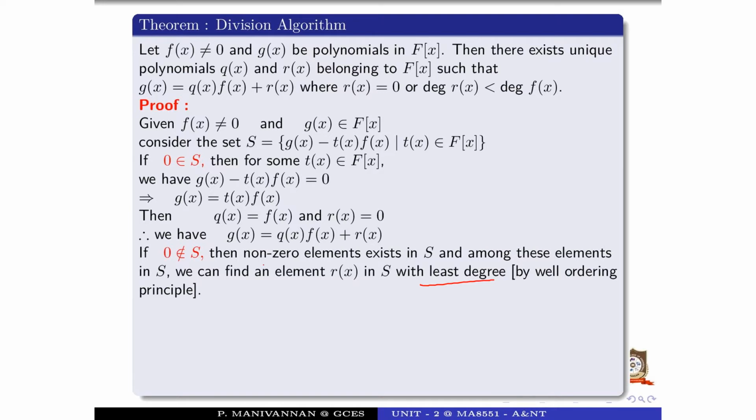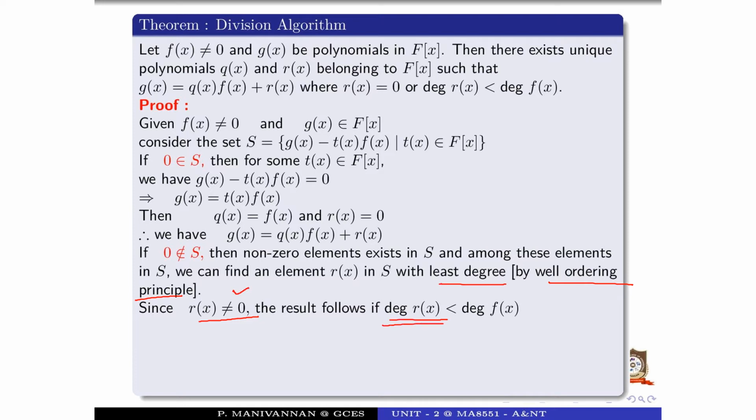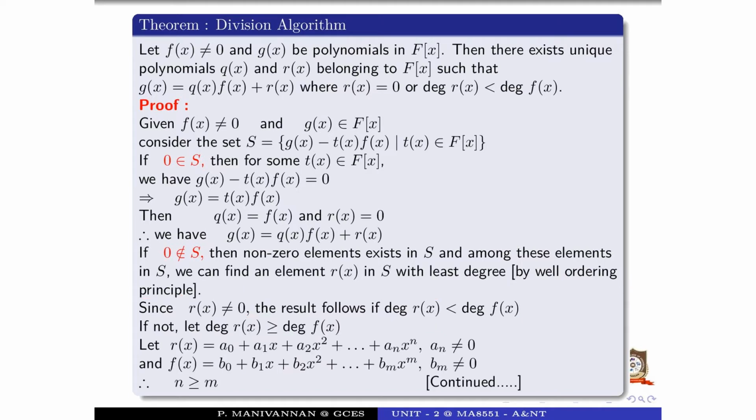If there exists a non-zero element, we get one element with the least degree. Take it as R of x, by the well ordering principle. Since R of x is not equal to 0, it is of the least degree. So degree of R of x is less than degree of f of x by this statement.